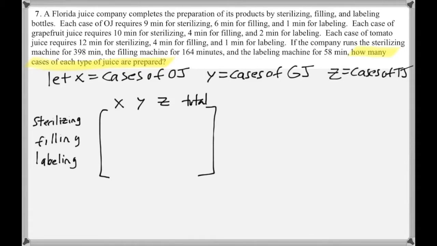Okay, so for the OJ, it is 9, 6, and 1. So that 9, 6, and 1 is just going to go like that. For the grapefruit juice, it's 10, 4, and 2.